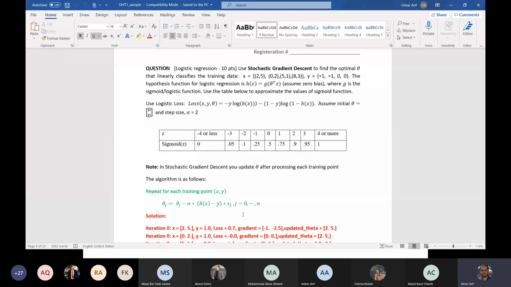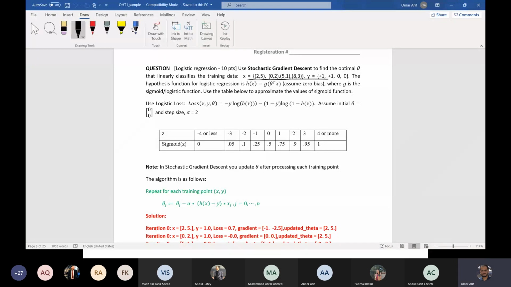Use stochastic gradient descent to find the optimal theta that linearly classifies the training set. This is your training set. There are two classes, 1 and 0, and the hypothesis function is this. Again, assume zero bias, where g is the sigmoid logistic function. Use the table below to approximate the values of the sigmoid function.